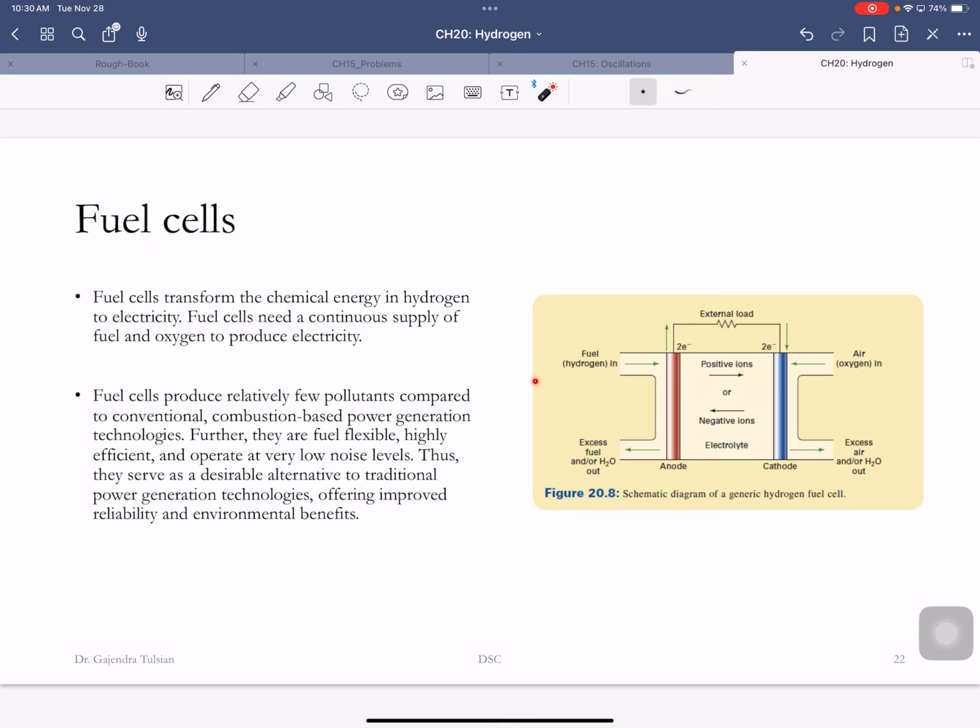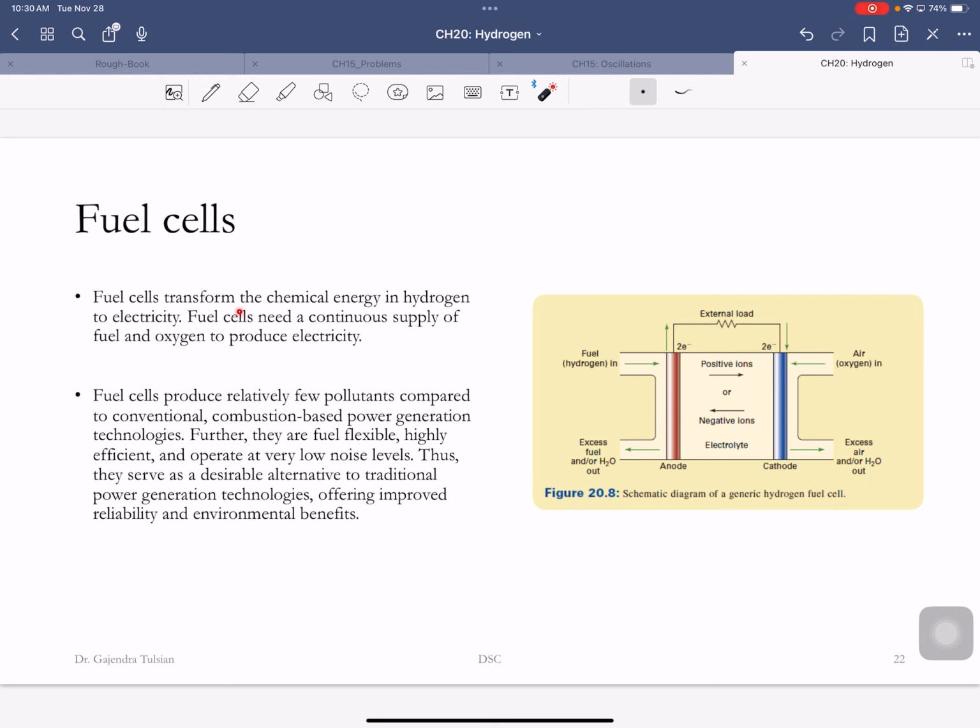So you're using hydrogen and oxygen, you're getting electricity, and you're going to run your car or whatever with this electricity. What you're getting out is water as your exhaust, no carbon dioxide.